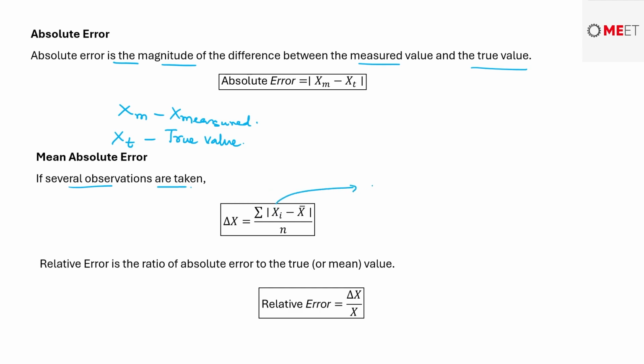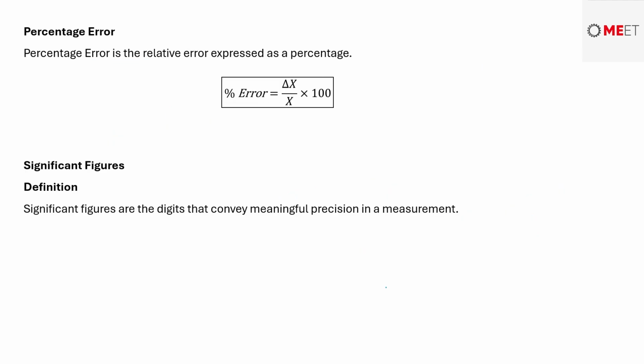Xi stands for an individual observation and X bar stands for the mean observation. Next is relative error. Relative error is the ratio of absolute error to the true or mean value. Next is percentage error. Percentage error is the relative error expressed in terms of percentage.